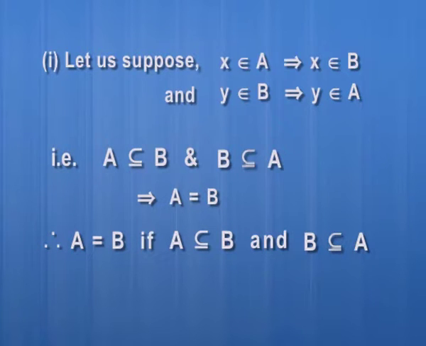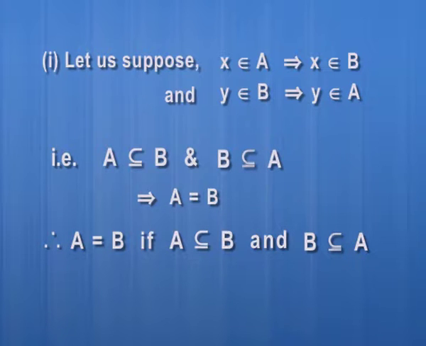What have we learnt now? If x is an element of A and it implies x is an element of B, then A is contained in B. Again, if y is an element of B, it implies y is an element of A, then we say B is contained in A. Here, what am I telling?